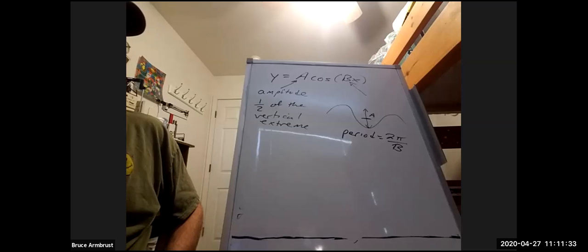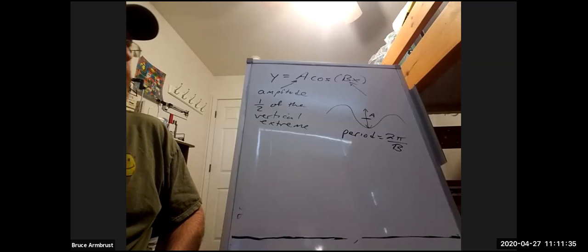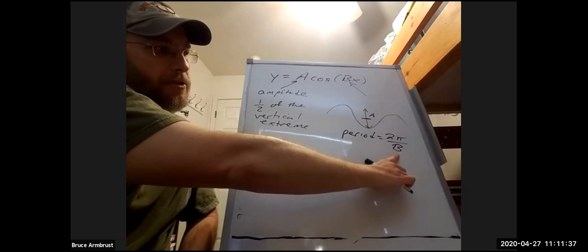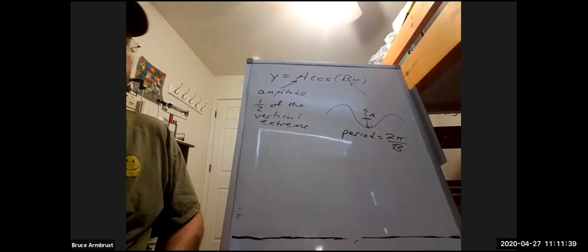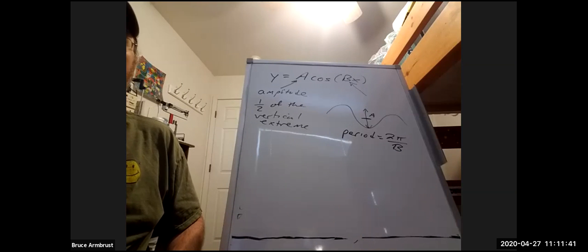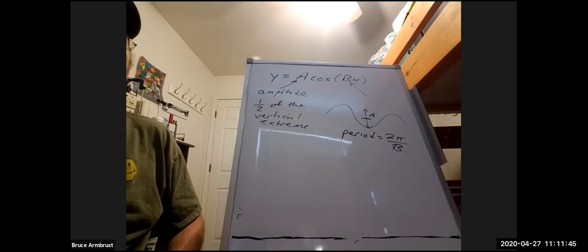So our period is going to be off by that factor as well, but it's inversely proportional. We divide by B just because it's a horizontal thing, and horizontal transformations do the opposite of what you think.